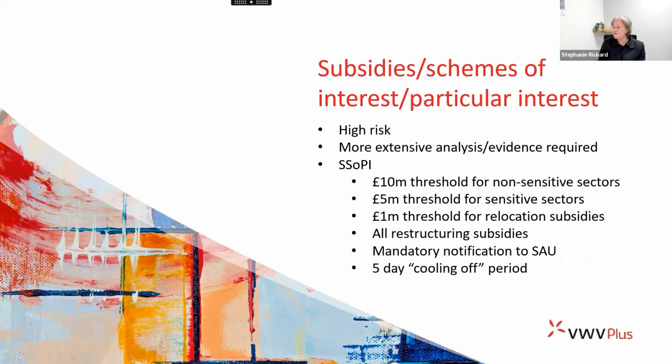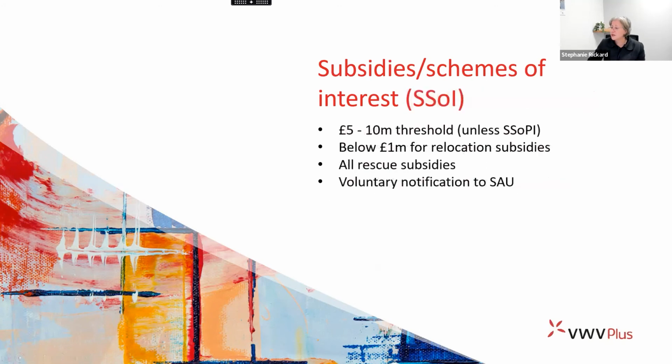There's a note there about restructuring subsidies, which is subject to a special regime and also high levels of scrutiny. So looking at the thresholds for schemes of interest where notification is voluntary, that's a 5 to 10 million threshold.